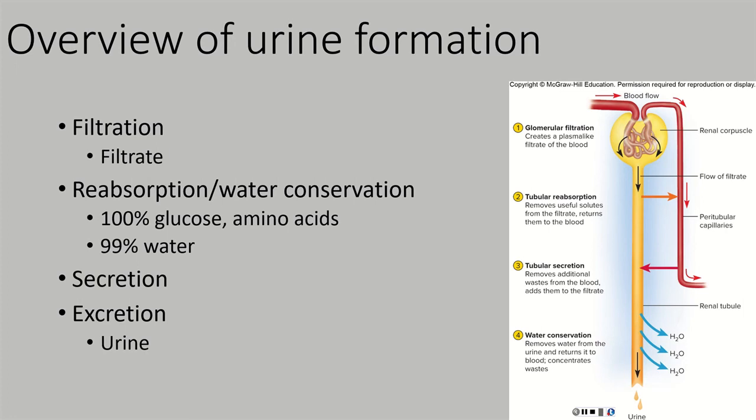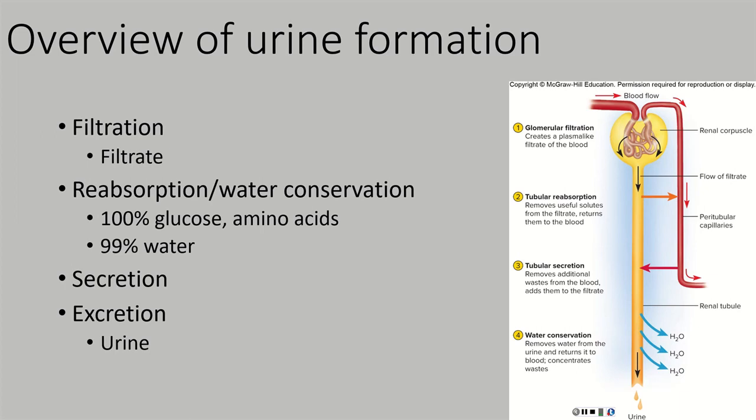So let's talk about how kidneys actually make urine. And while that is what we talk about all of this entire chapter, it's all going to be talking about how kidneys form urine. Think about why we're forming urine. It's not just to get rid of waste. Now, when we talk about urine formation, there are a few steps.